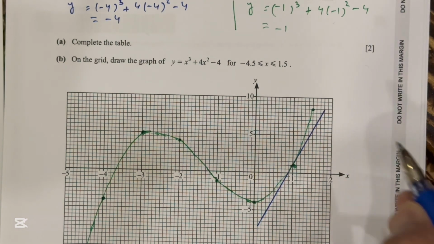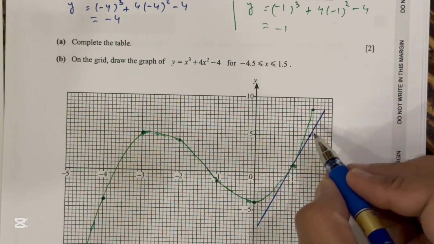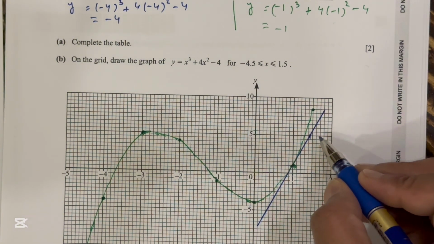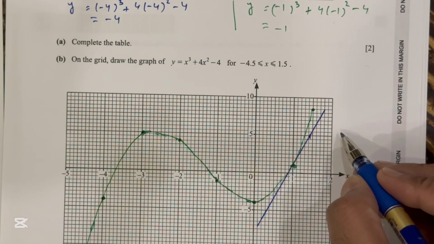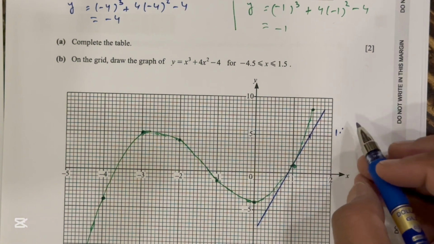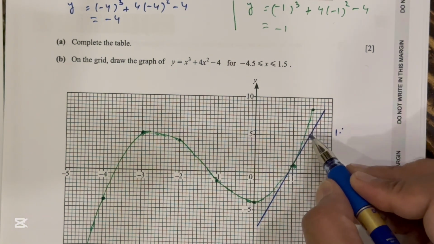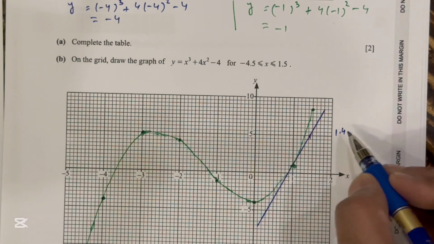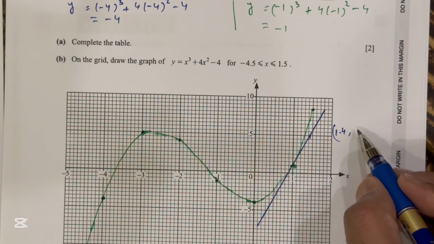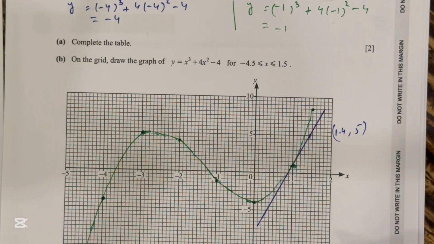I will take this point, and this point: the x-axis value over here is 1.4, almost 1.45, so you can take 1.4, and over here the y-axis has a coordinate of 5. And I will take another point, this.